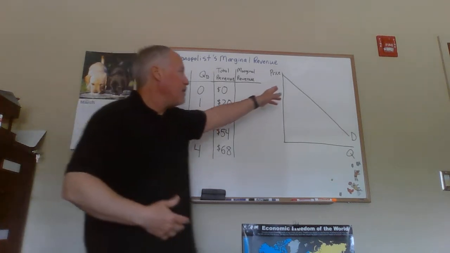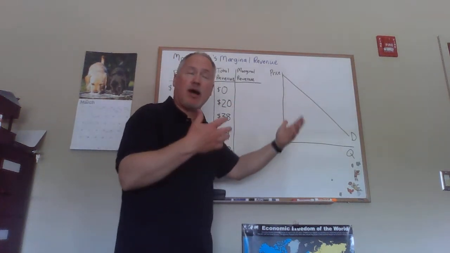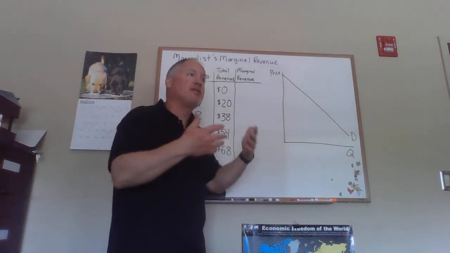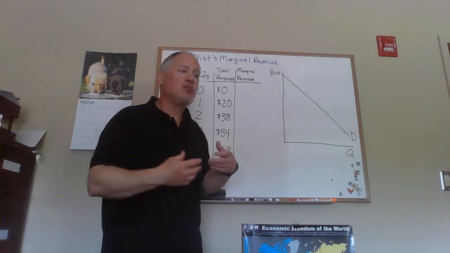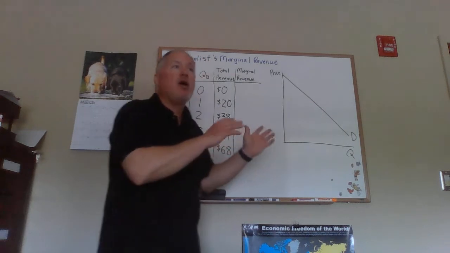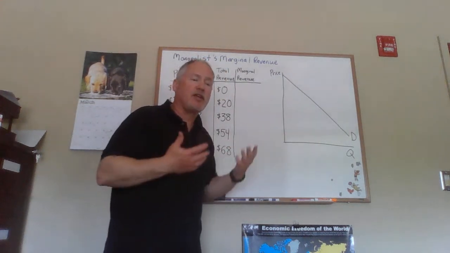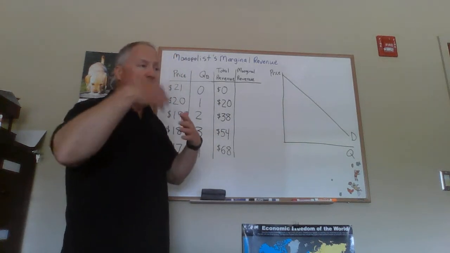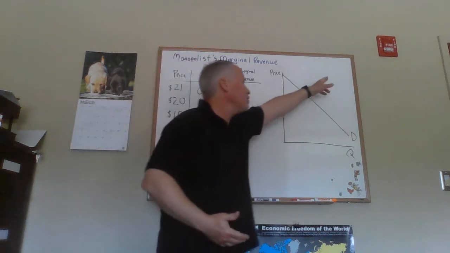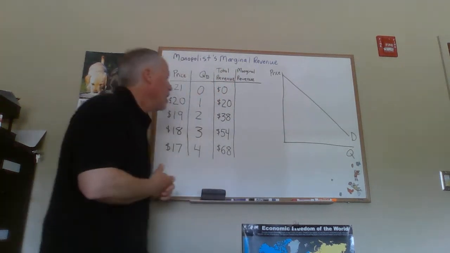So a monopolist is constrained to operate somewhere on the market demand curve, because the market demand curve represents the different quantities that consumers would be willing and able to purchase at different prices. The monopolist gets to choose where along the market demand curve to operate, but they can't manipulate the market demand. They can't choose some point beyond the market demand curve.